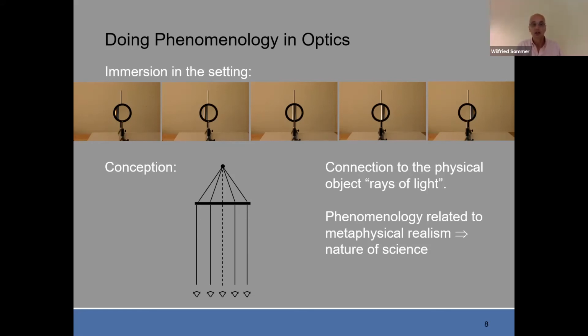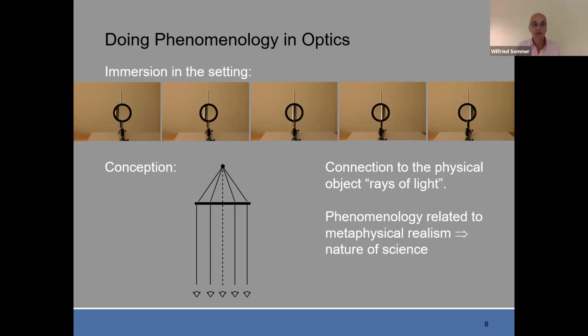And now, if you have ordered these experiments and your observations, then you can connect to the features of a physical model, especially the ray model of light.